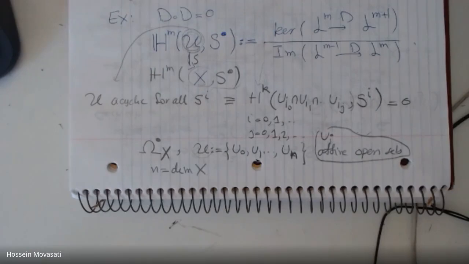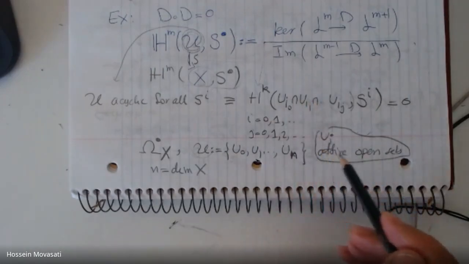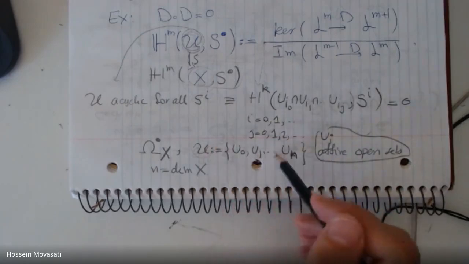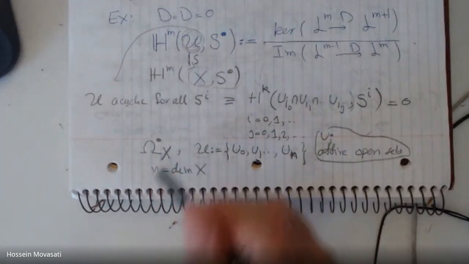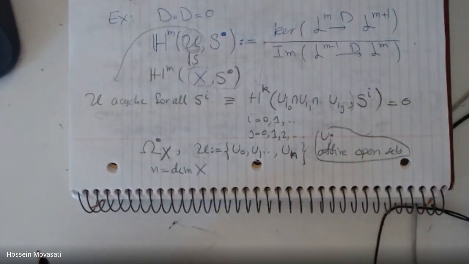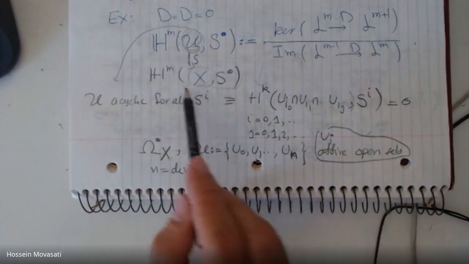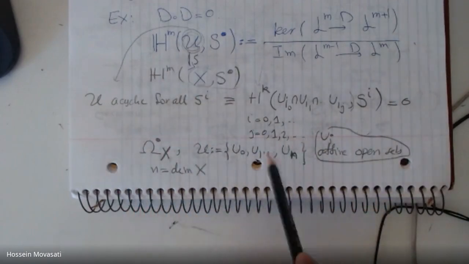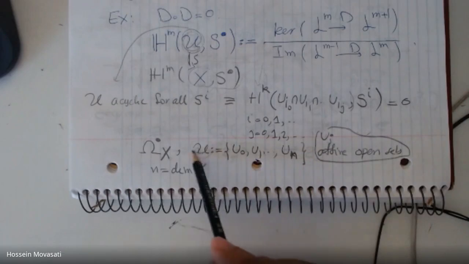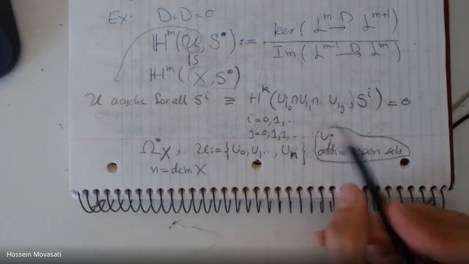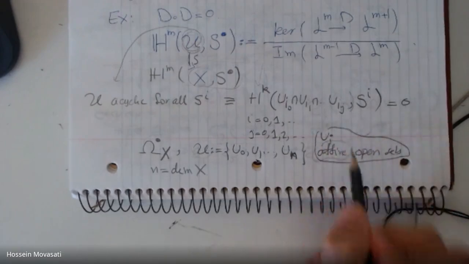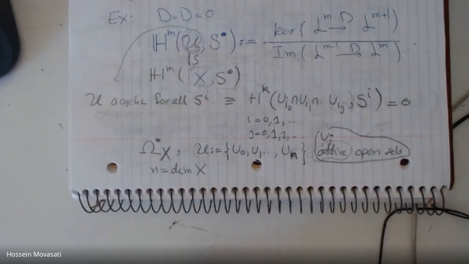In the next lecture, we will see that when we take an affine covering, these are acyclic for the sheaf of differential forms. So in order to compute the Čech cohomology, we need to take this covering with affine open sets. The affineness will be important. It cannot be any arbitrary Zariski open set. It must be affine.